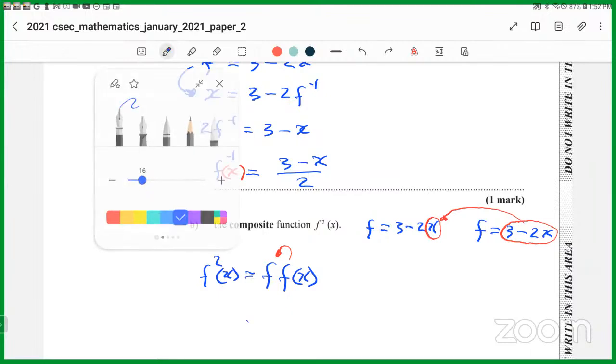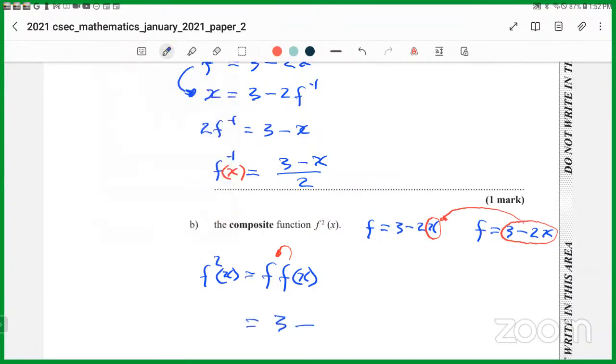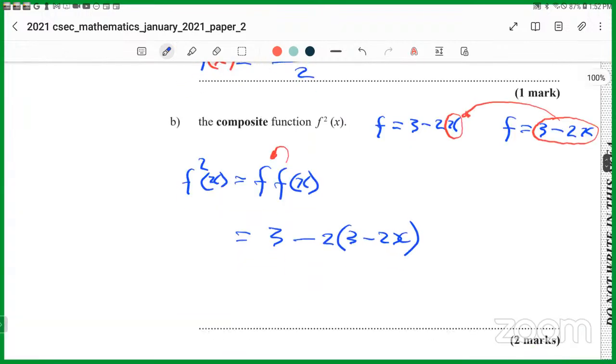So this will become equal to 3 minus 2 times the entire function coming back here, 3 minus 2x. That is it. And we're going to simplify it. 3, I'm going to say minus 2 times each of these things in the bracket.